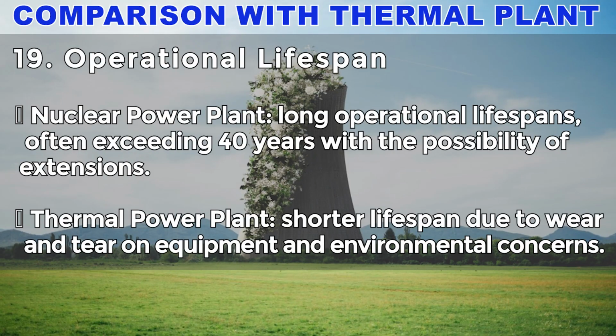Nuclear plants can have long operational lifespans, often exceeding 40 years with the possibility of extensions, and the operational lifespan of thermal plants can vary, but they generally have a shorter lifespan due to wear and tear on the equipment and environmental concerns.